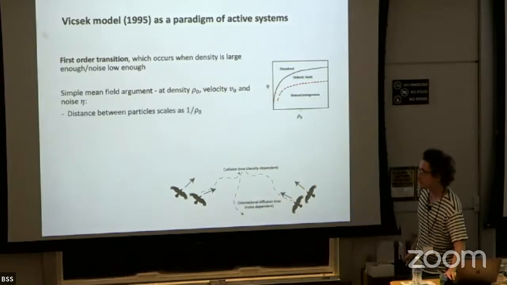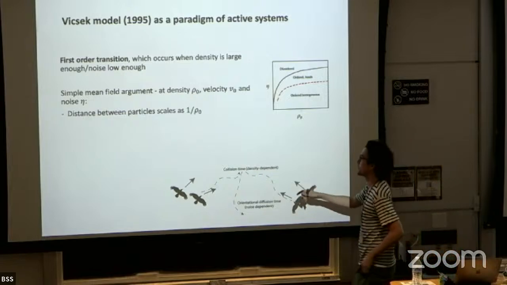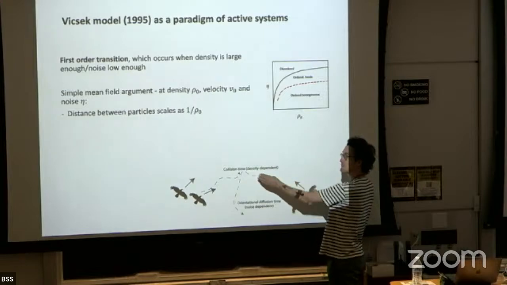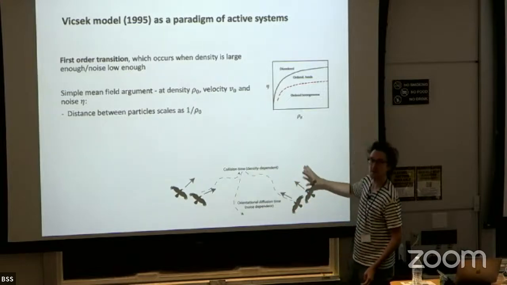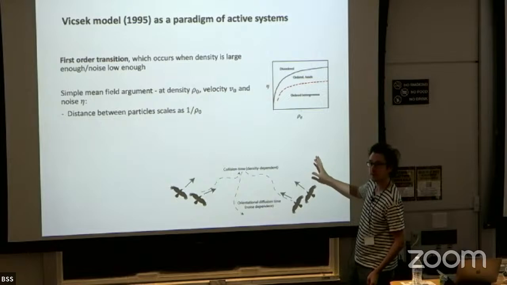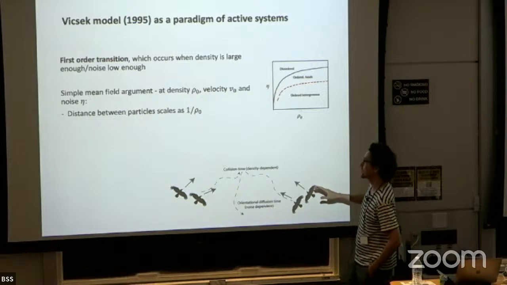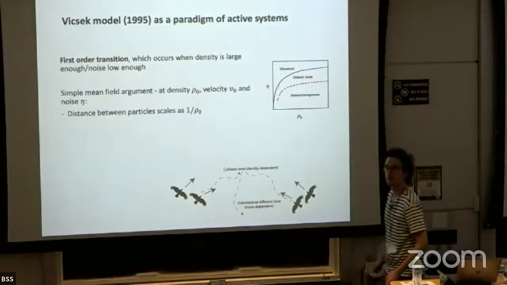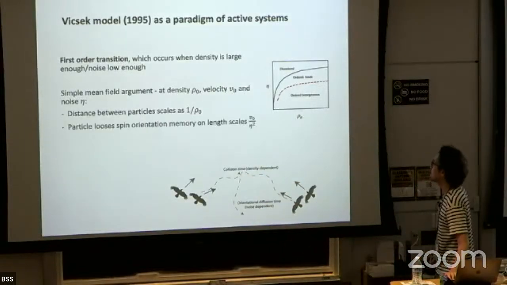And so the key thing is, if you look at the typical scale, you can do this either as a function of length scales or time scales of the problem. The characteristic distance between particles scales as 1 over rho 0, right?